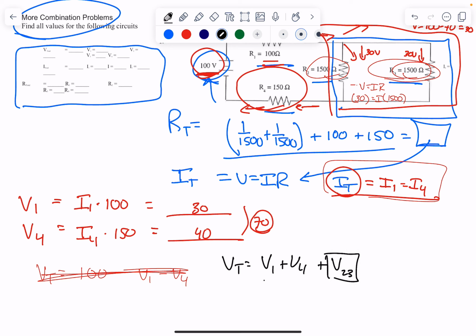Once you know V1 and V4, you can find V23. Got it? So when I ask what is V2, V2 equals V23, and V3 is V23. That's the voltage in that portion. And then you work it all out.